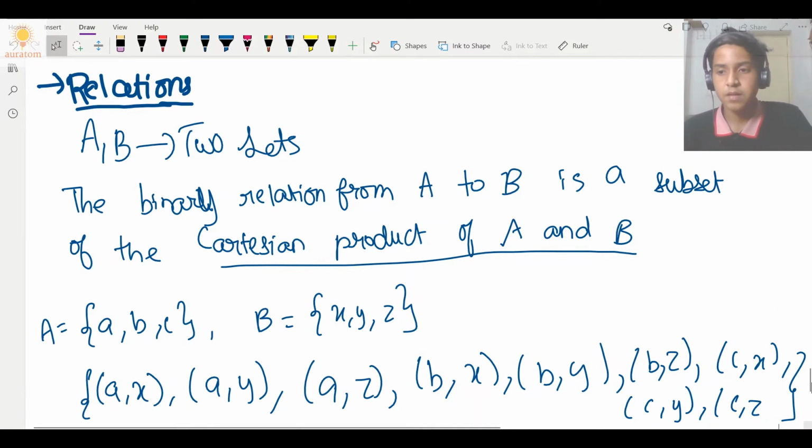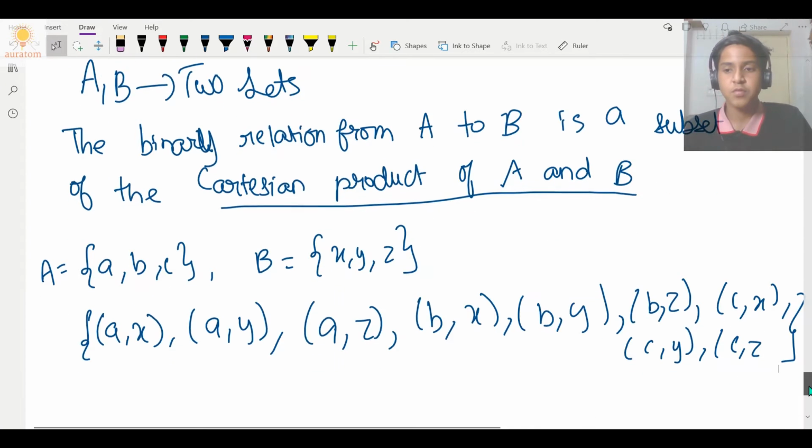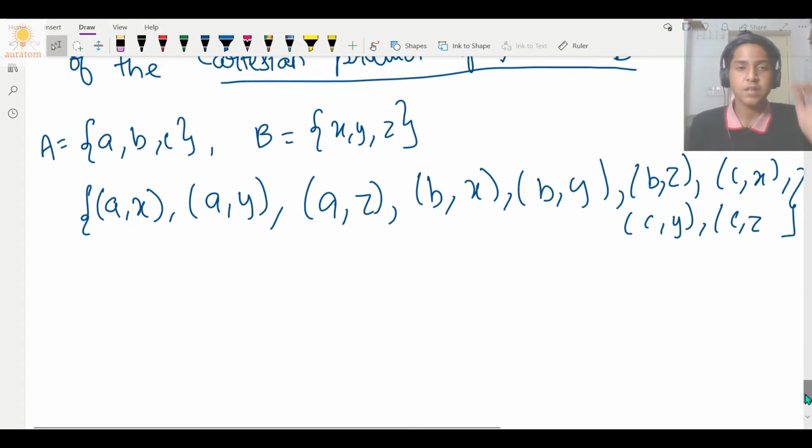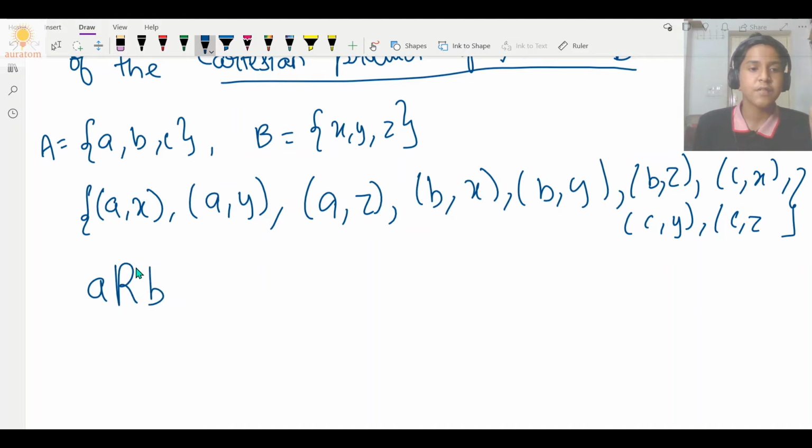So let me move on to the details of a relation. When we say that an element from A is related to an element in B, we denote that by A R B, where R is the relation, and A and B are the elements which are taking the relation, right?